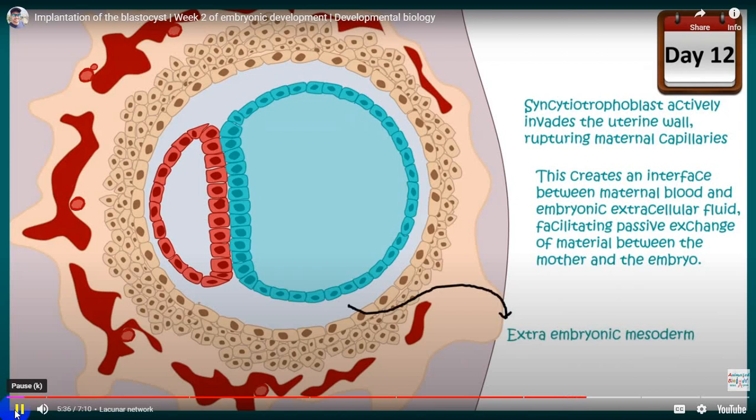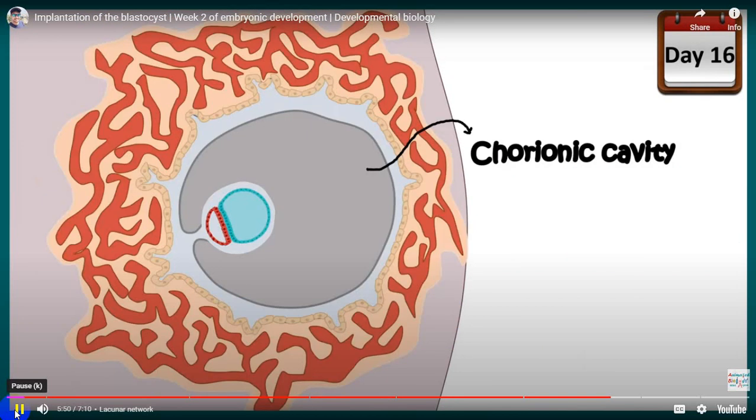Now inside the cytotrophoblast and outside the hypoblast, there is formation of the extra embryonic mesoderm. Slits appear in this extra embryonic mesoderm eventually, and it ultimately forms the chorionic cavity. So the extra embryonic mesoderm leads to the formation of the chorionic cavity.